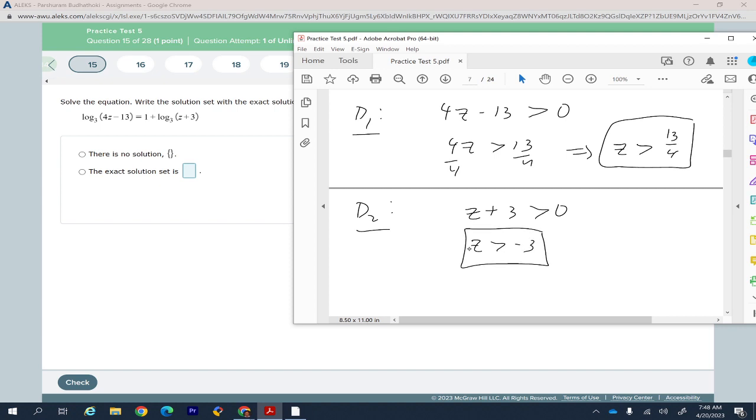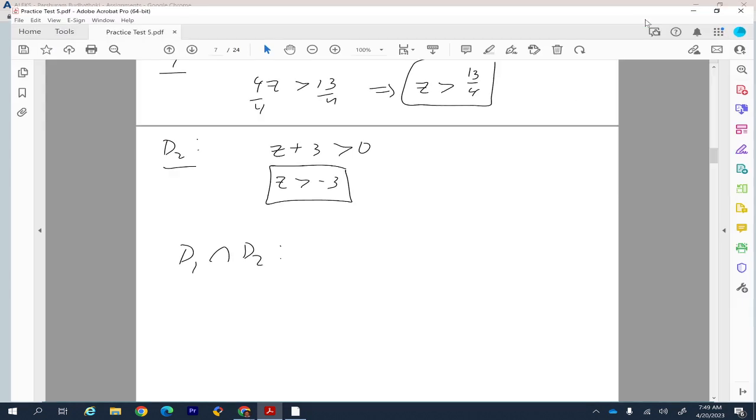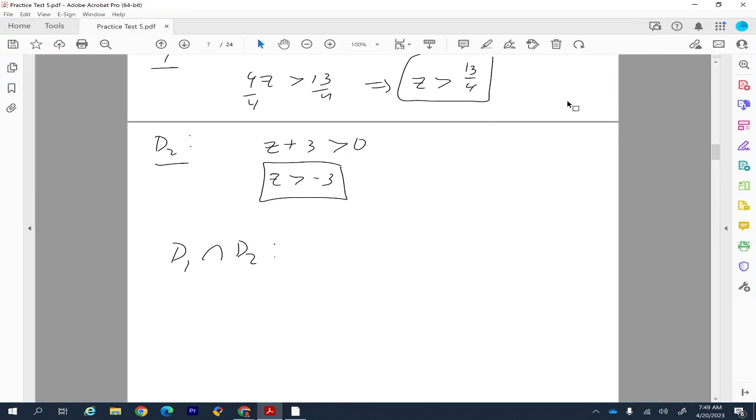Remember, after we find the solution, that should be true for both of them. That's why the domain for the actual equation is supposed to be the intersection. Intersection means common between these two. So if you try to plot the graph for this, z is greater than 13 over 4. Let's say this is 13 over 4, which is slightly greater than 3. For the first one, anything greater than this number is okay.